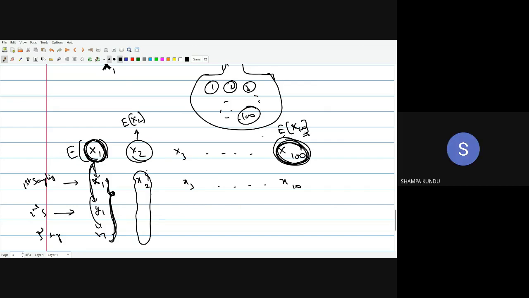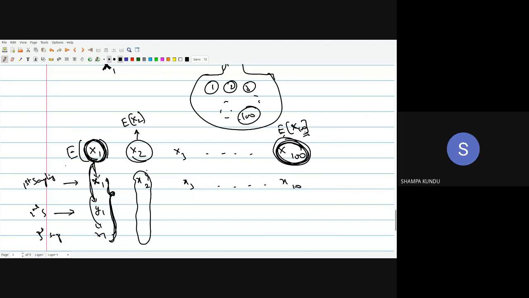Sir, then x1 means first sampling value, x2 means second sampling value, like this. Are you talking about capital X or small x? Capital X. So capital X are samples, and sampling is one instance of picking the samples.